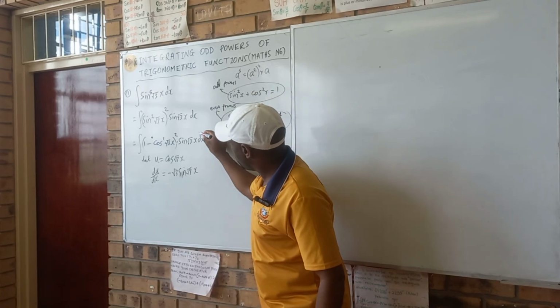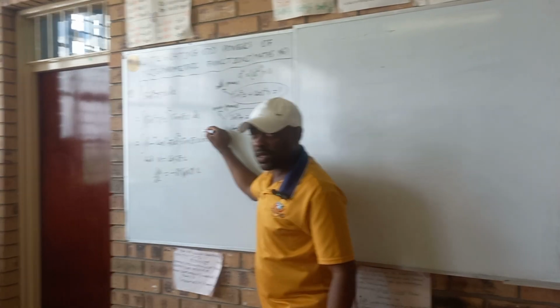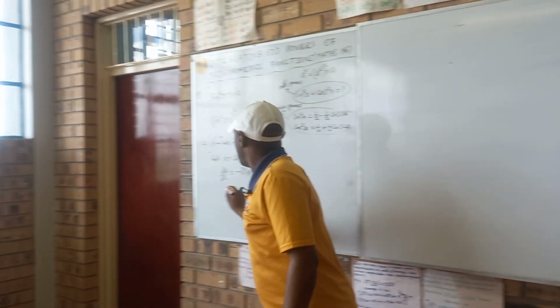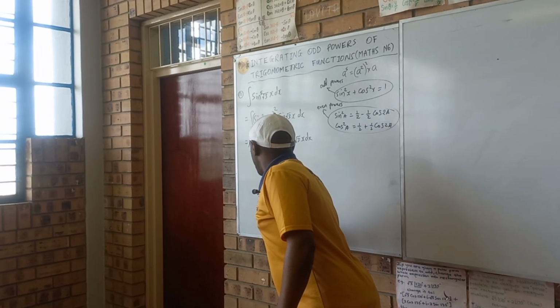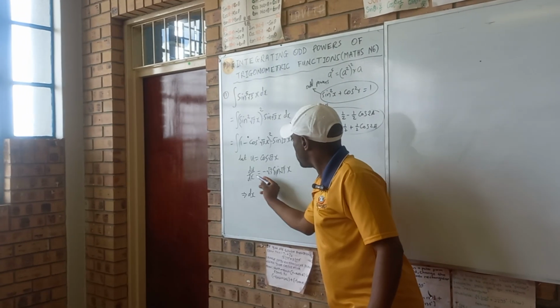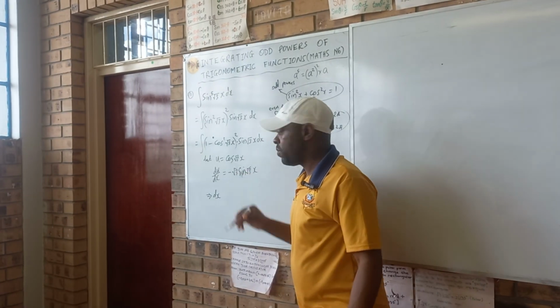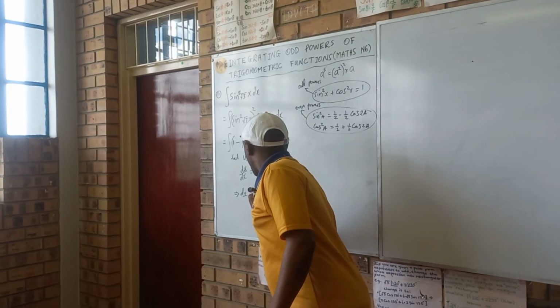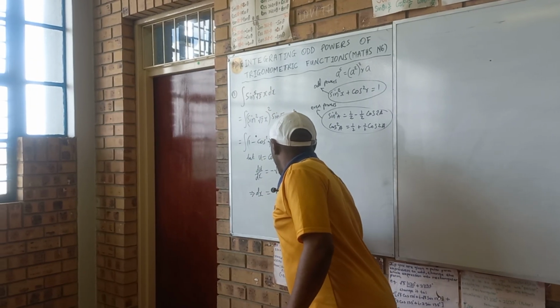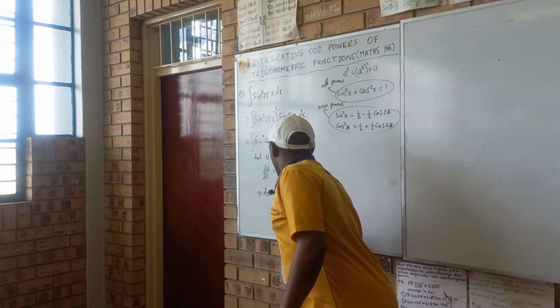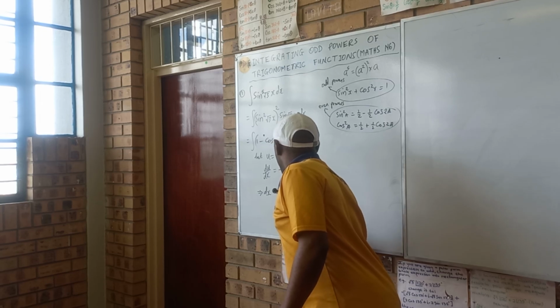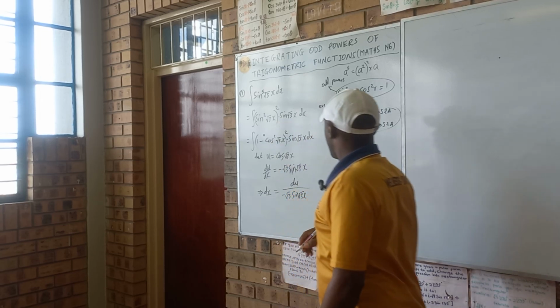Then you now need to make dx the subject. That is easy. I usually just interchange this dx here with the one. I swap their positions. Once I do that, I get my dx being du on negative root 3 sine root 3x. So that is it.